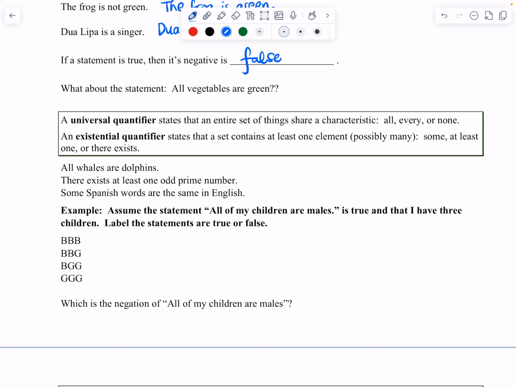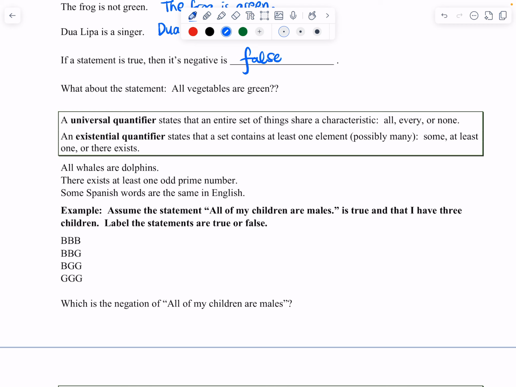So it's all encompassing, okay? An existential quantifier states that the set contains at least one element, possibly many: some, at least one, or there exists. So existential quantifiers are not every single one, it's some of them, or at least one of them. So that's the difference between universal and existential.